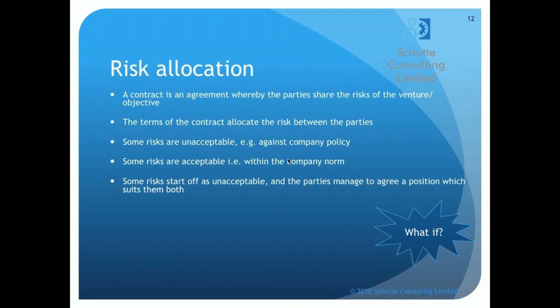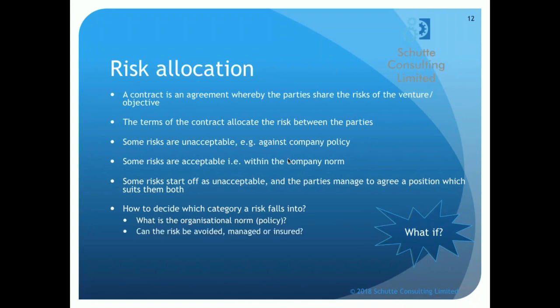But after discussion and negotiation, the parties will manage to get to some sort of a position which suits them both, which they can both comfortably live with. How you decide which category a risk falls into is all about the what if. And what is the organisational normal policy? Is there something which gives you that guidance to say this risk is or is not acceptable, or we can work with this one in principle?